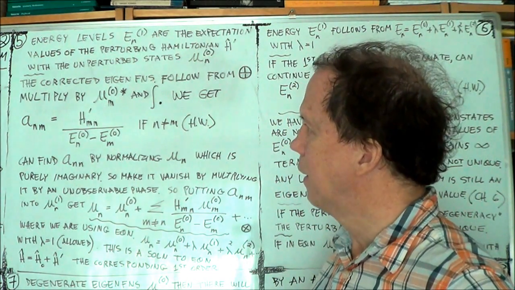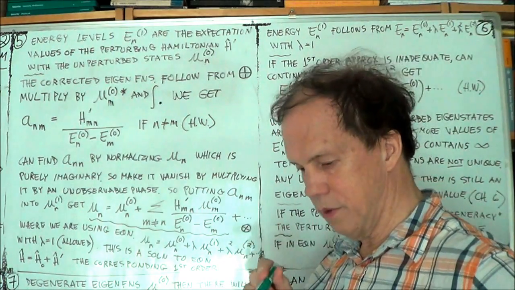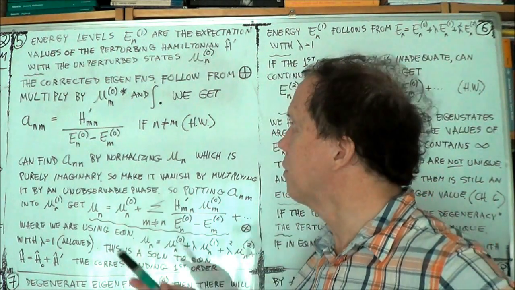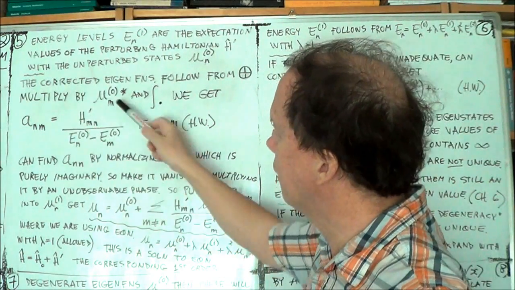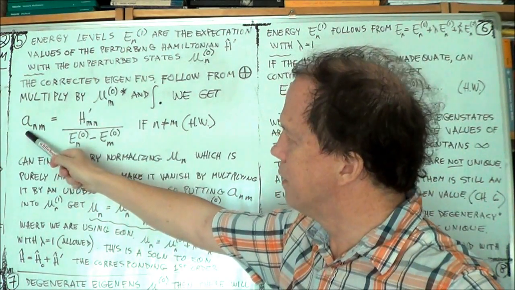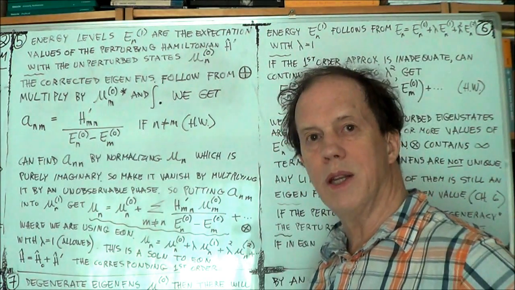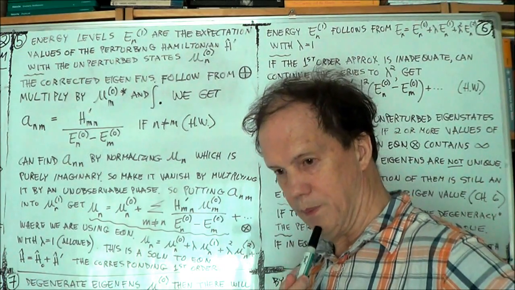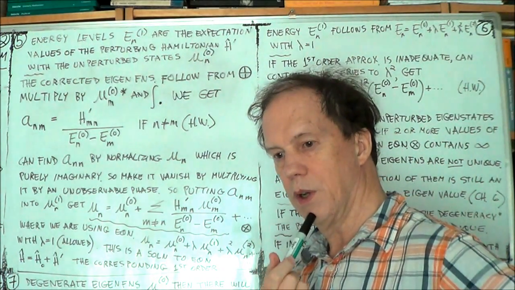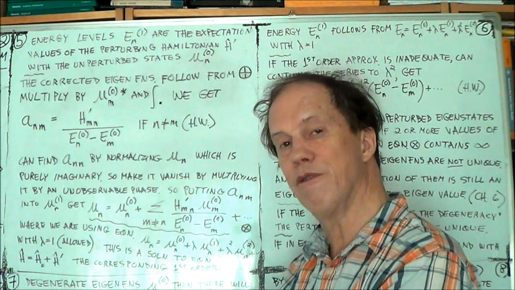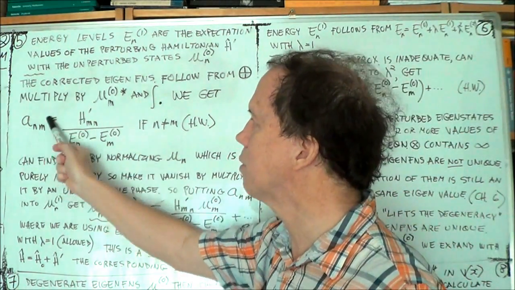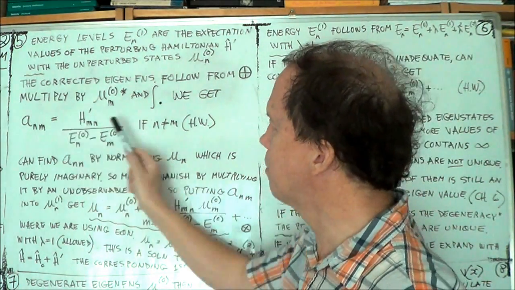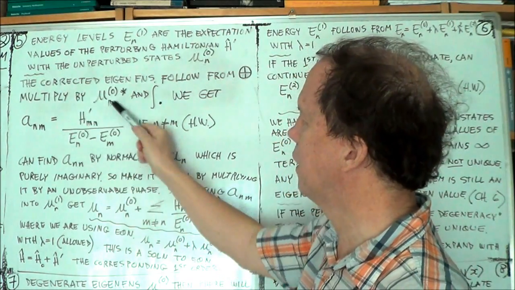Okay? And the coefficients of those UN zeros were these. Okay? Well, we now have a formula for these. So in other words, we now know the first order corrected eigenfunctions. In other words, UN1, right? Because we know this. And we know this because we can calculate this.